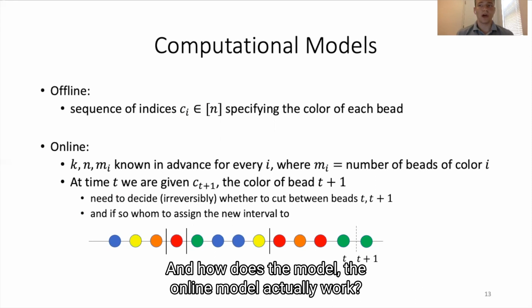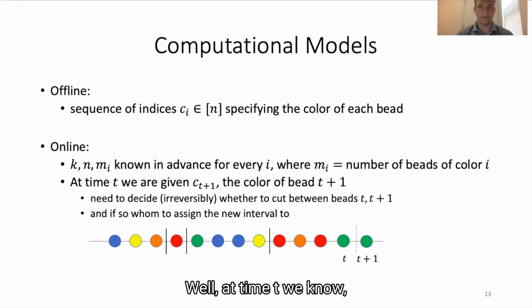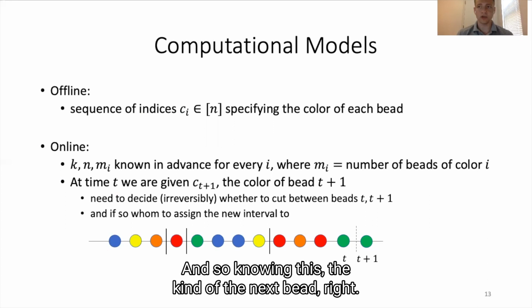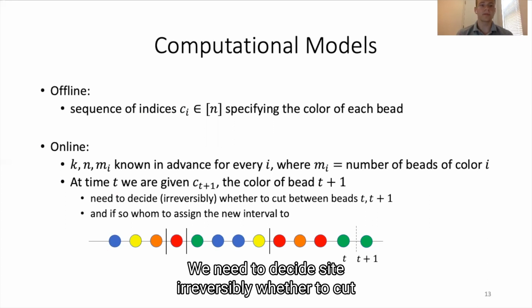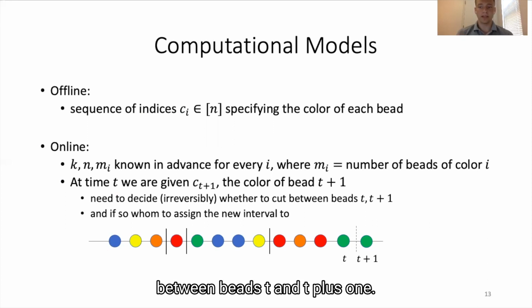And how does the online model actually work? Well, at time t, we learn the value of c_{t+1}, the color of bit t plus 1. And so knowing the color of the next bit, we need to decide irreversibly whether to cut between bits t and t plus 1, as can be shown in the figure here.